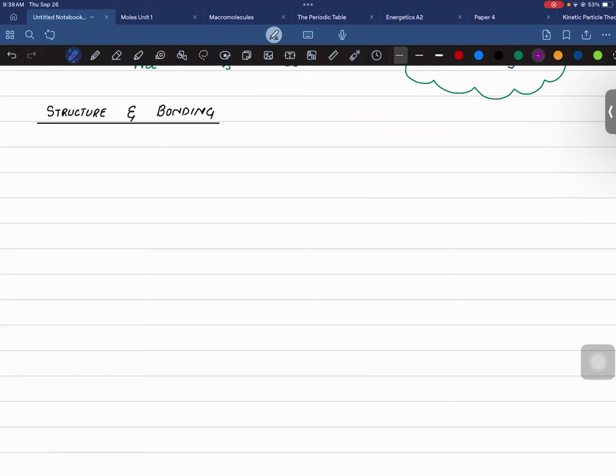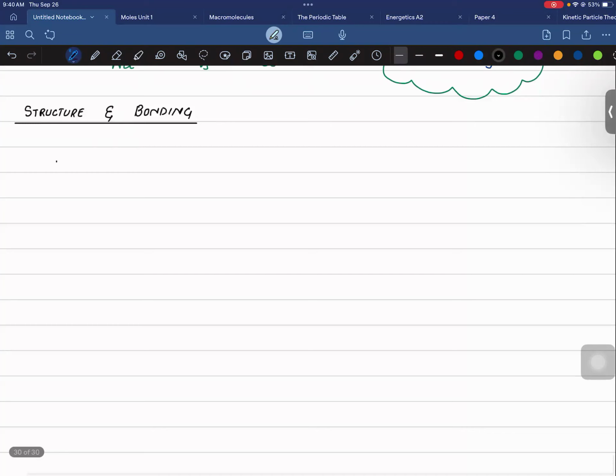Moving towards structure and bonding. We are going from left to right: sodium, then magnesium, then aluminum, then silicon, then phosphorus, then sulfur, and then chlorine.